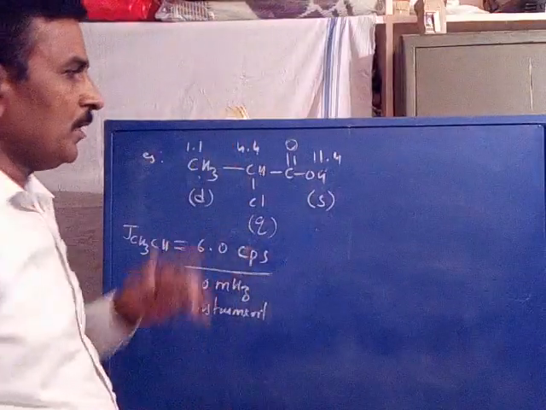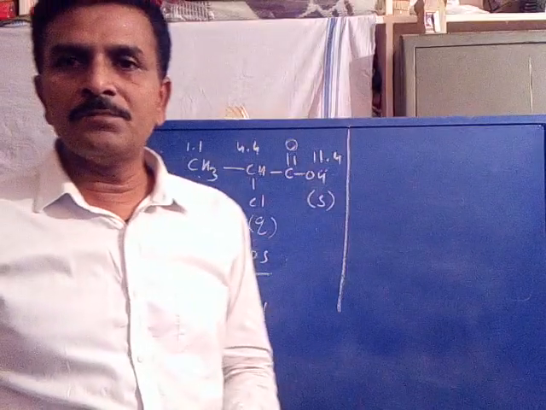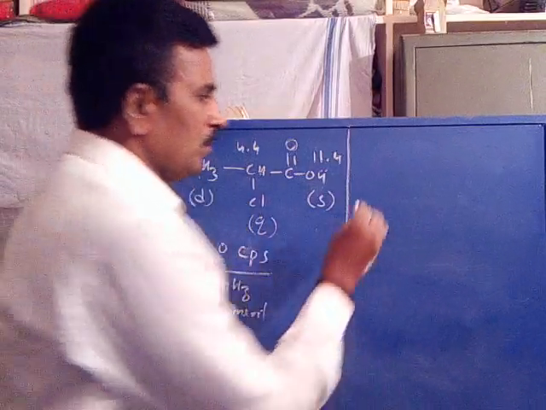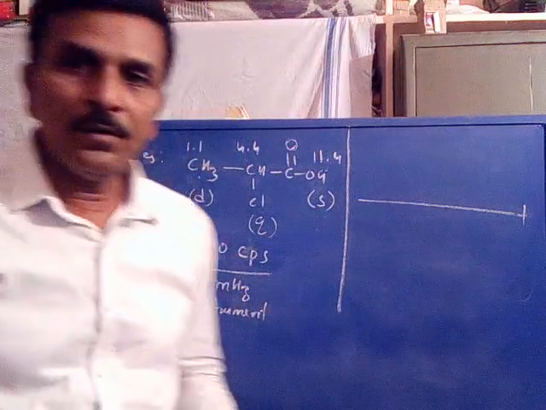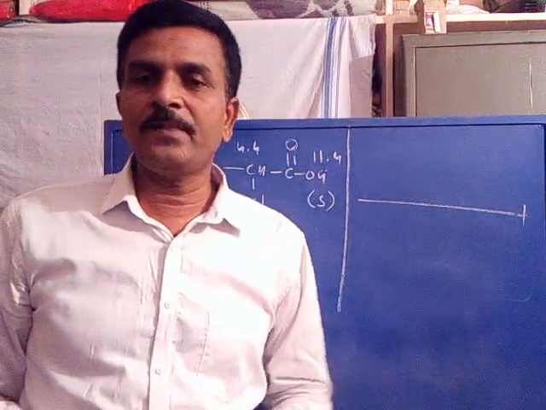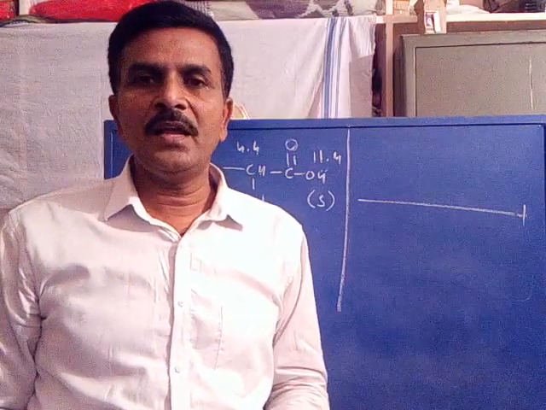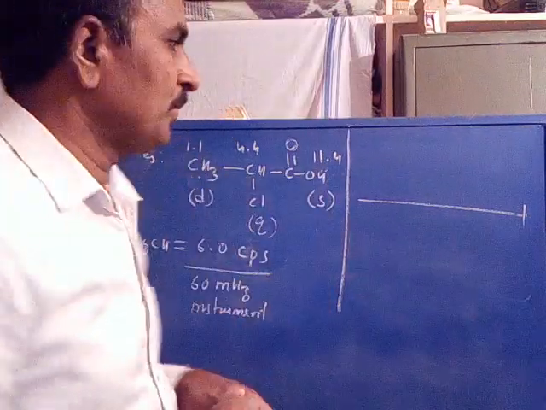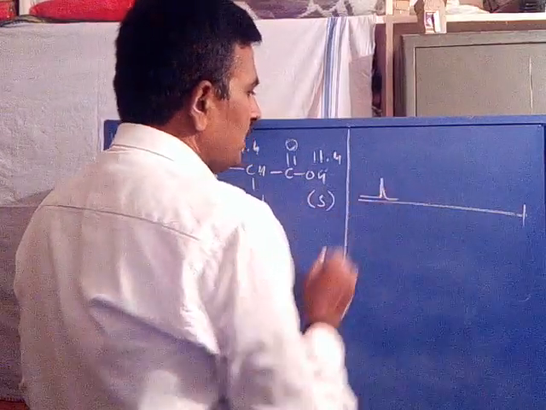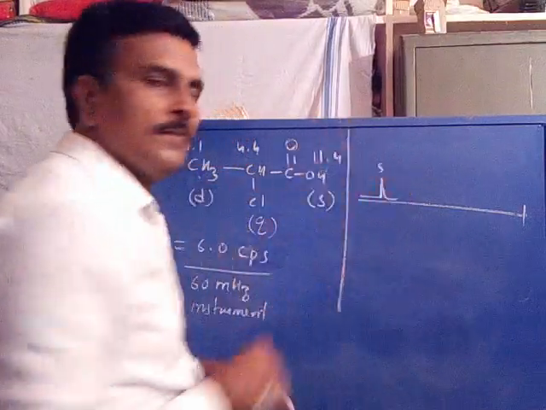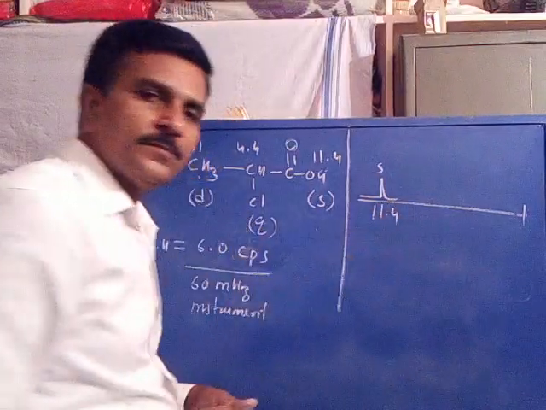Now, when the molecule comes under first order, while presenting its spectrum, we should follow the simple multiplicity rule as well as the simple intensity rule. That is, a signal for COOH proton as a singlet at 11.4 ppm.